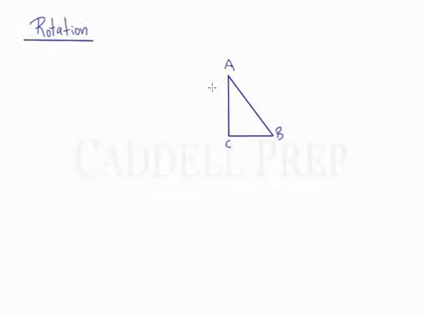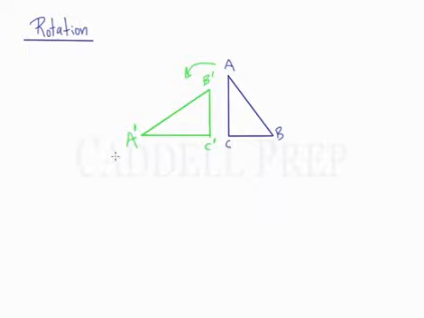So here we have triangle ABC, and we're going to rotate it 90 degrees. So A is going to come down here, C would remain there, B would end up like this. So we'll have, this became A prime, this will be B prime, and here we'll have C prime.